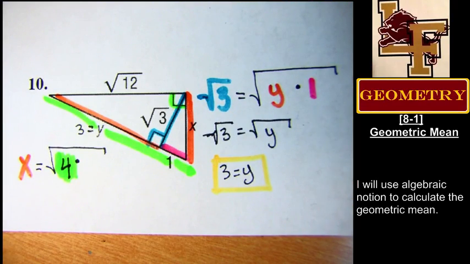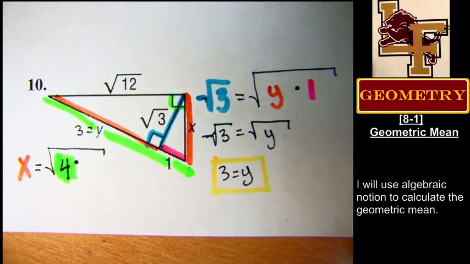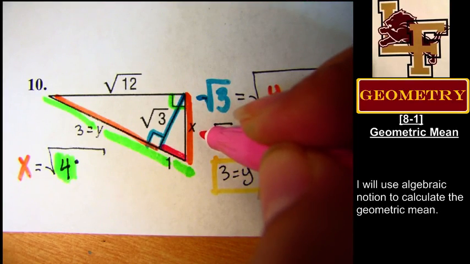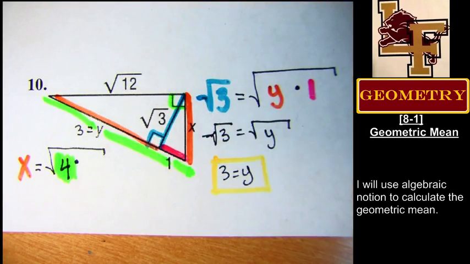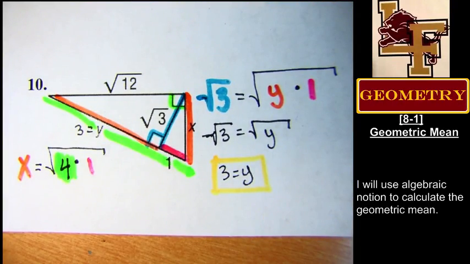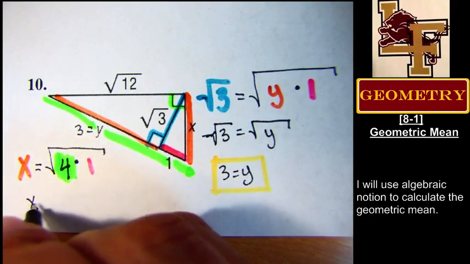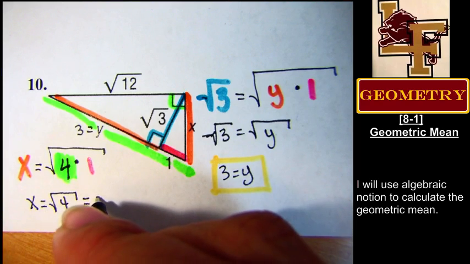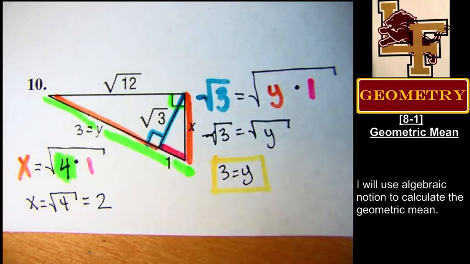Thank you. Times just the piece of the hypotenuse that's closest to the leg that we're interested in. So 1. So the leg is equal to the square root of 4. What's the square root of 4? And we're done.